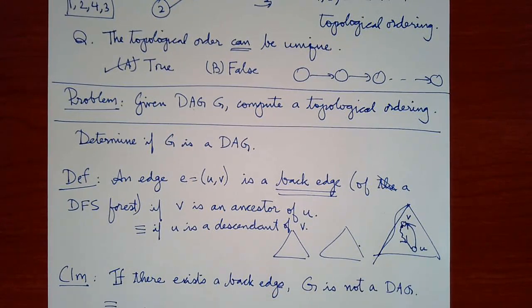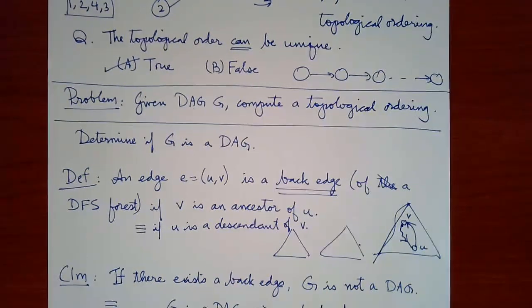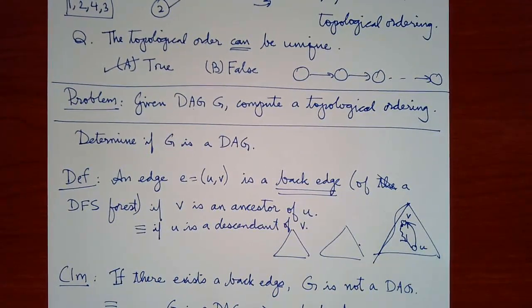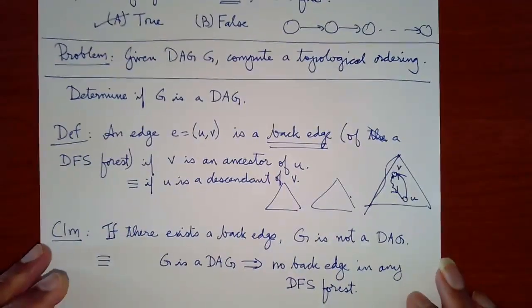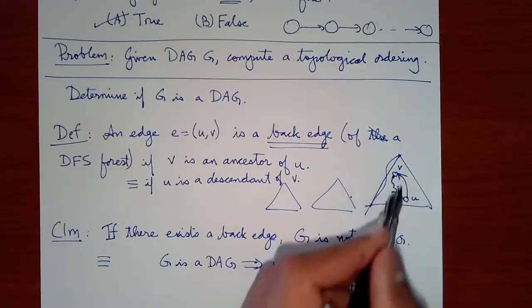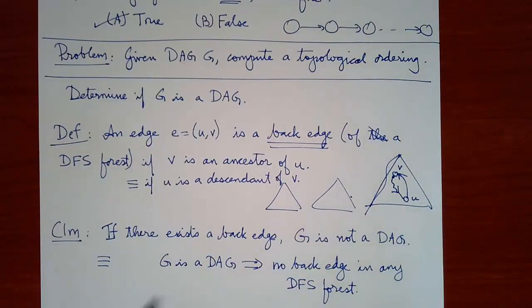Equivalently, G is a DAG implies that there is no back edge in any DFS forest. If there's a back edge, well, then you have your cycle. So obviously, if G is a DAG, then there cannot be a back edge. Any questions about this? This is an exercise.